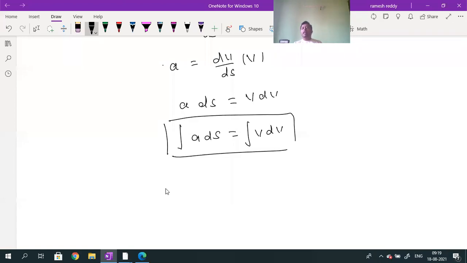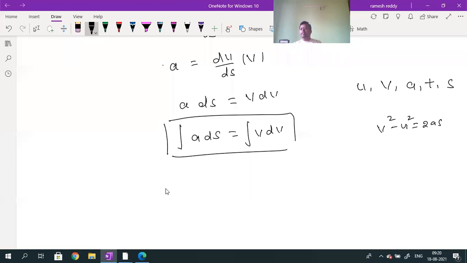Equations of motion give the relation between initial velocity, final velocity, acceleration, time, and displacement. The third equation gives the relation between acceleration, displacement, and final velocity. We know the third equation: v square minus u square is equal to 2as.